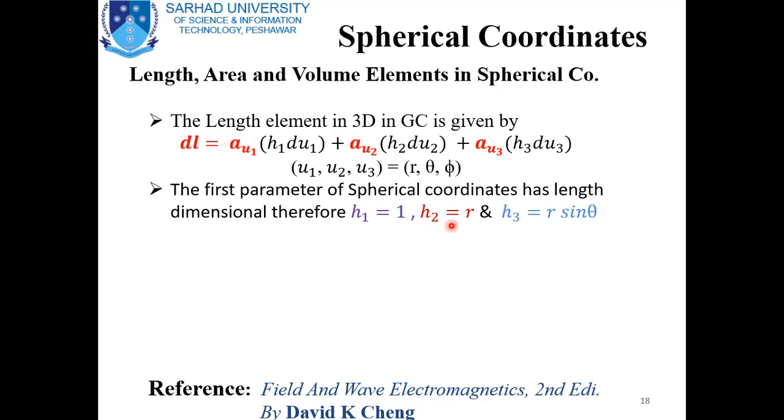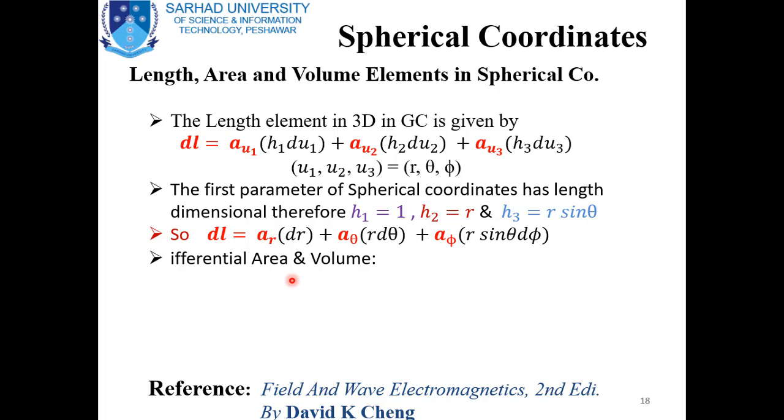So h2 is equal to r in the spherical coordinates and h3 equals r sin theta. Putting in the metric coefficients, with u1 replaced with r, u2 with theta and u3 with phi, our expression becomes dl equal to ar dr plus a theta r d theta plus a phi r sin theta d phi.